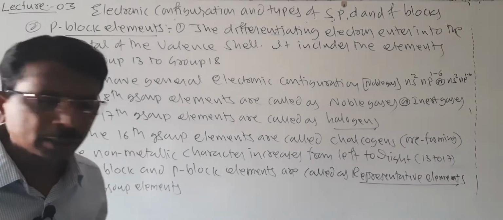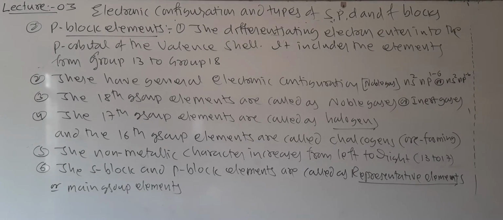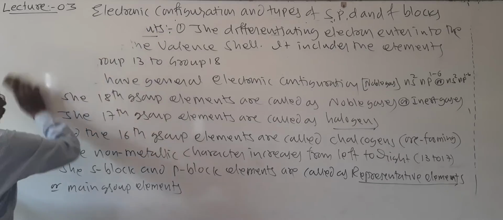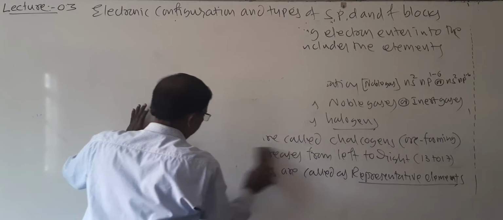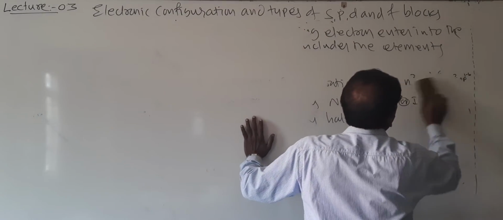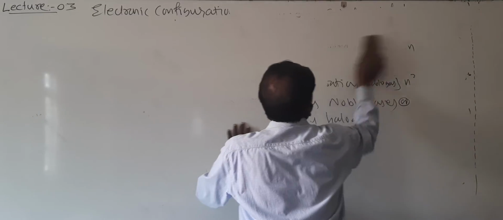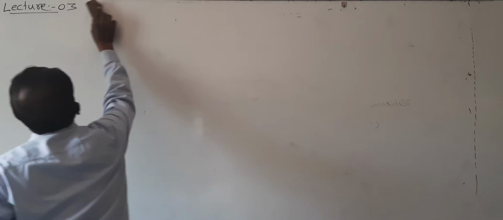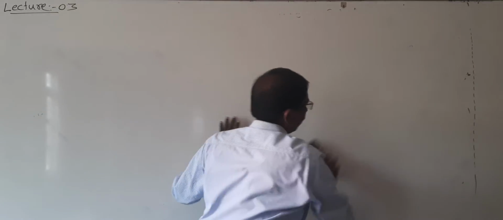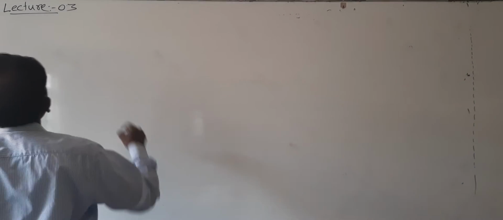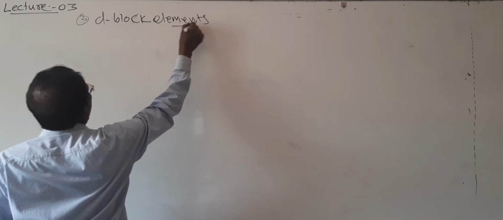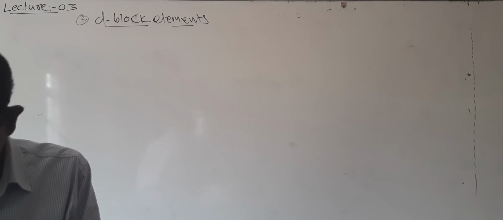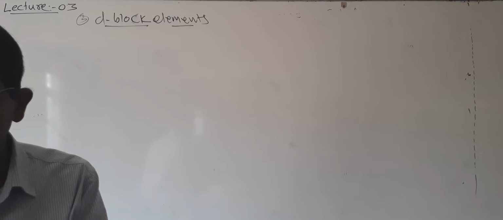So that is about the S block and P block. Then, students, the third one: D block elements. What are D block elements? Look here.